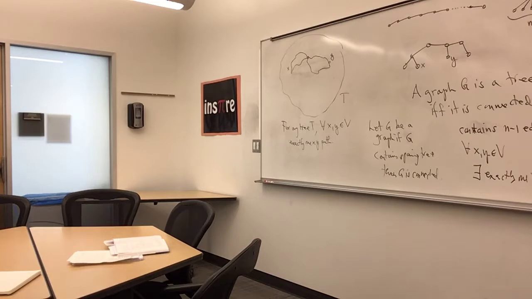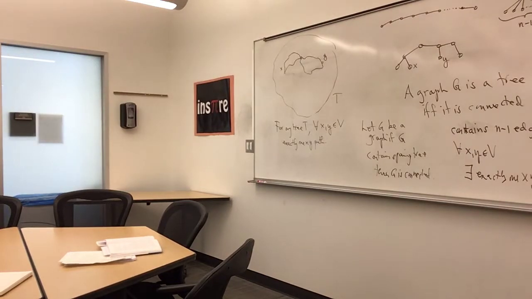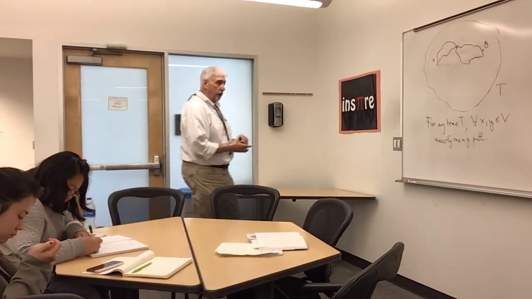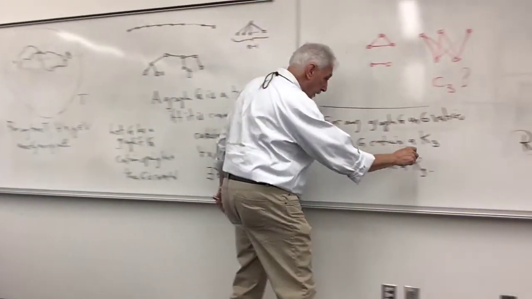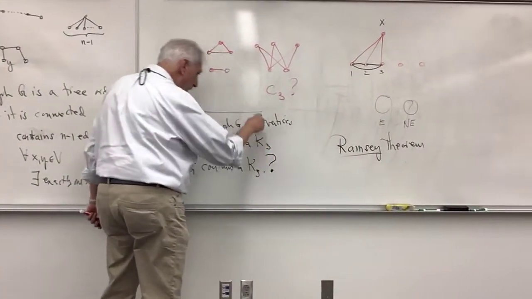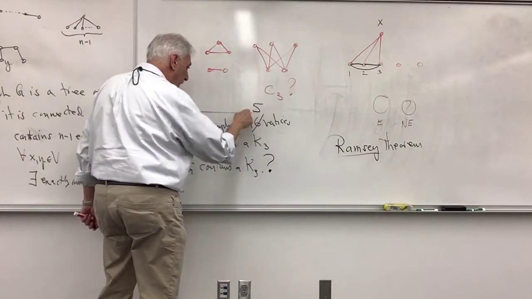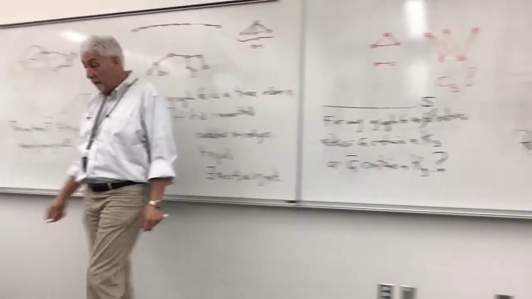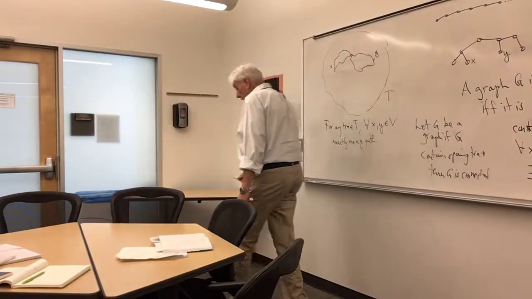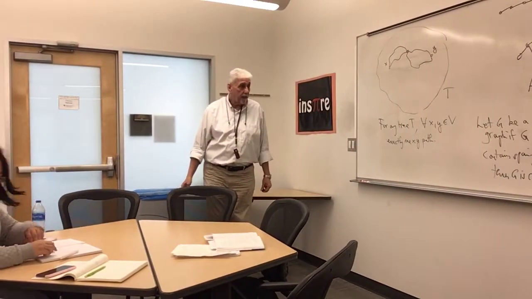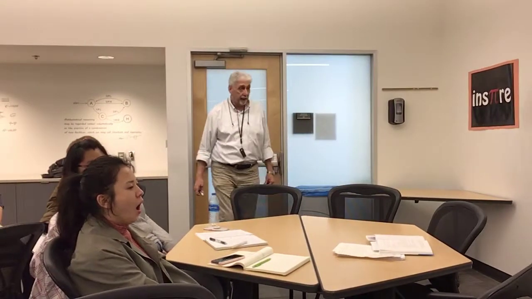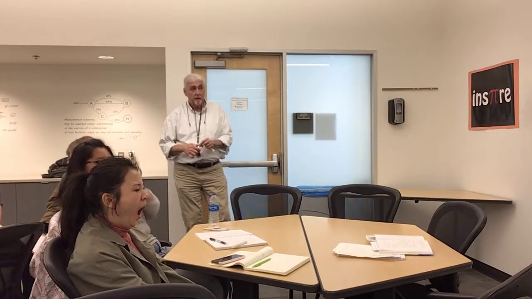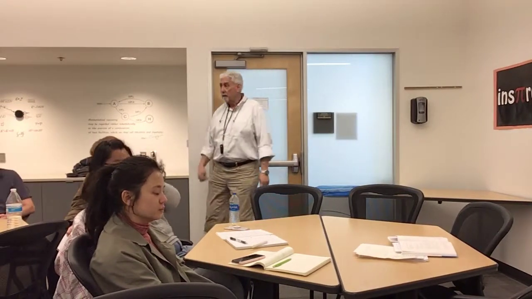So let me change this. For any graph G on 5 vertices, either G contains a K3 or G complement contains a K3. So now it's a question. Is it true for any graph G on 5 vertices, either G contains a K3 or G complement contains a K3? That's a question. Think about it.